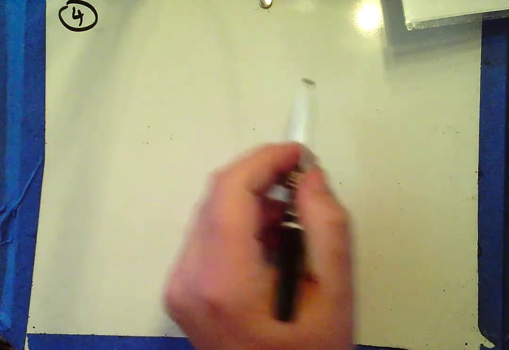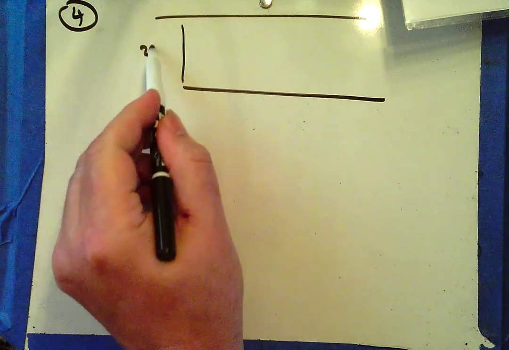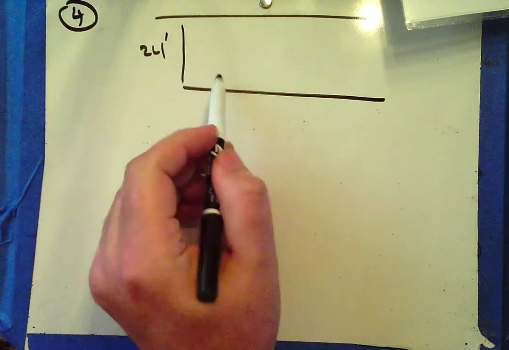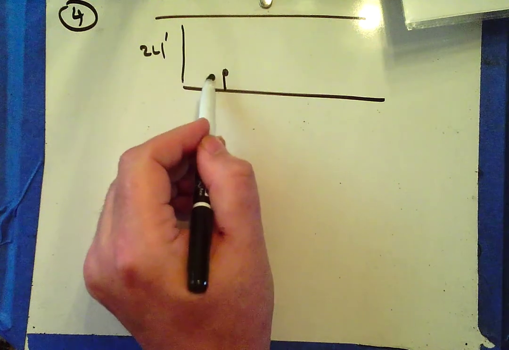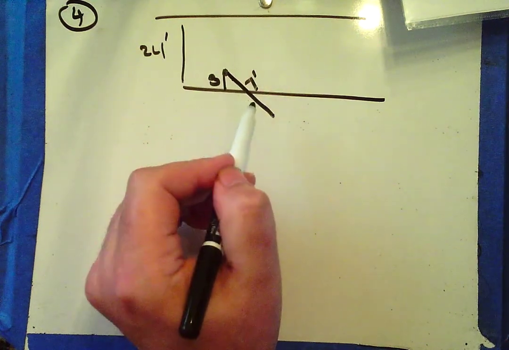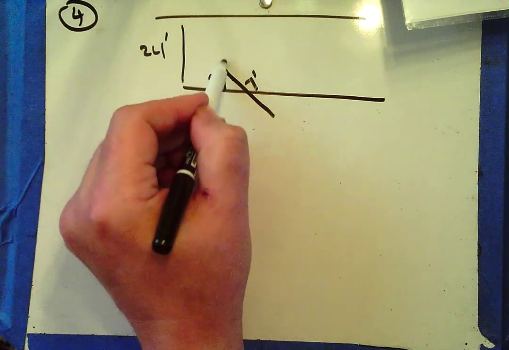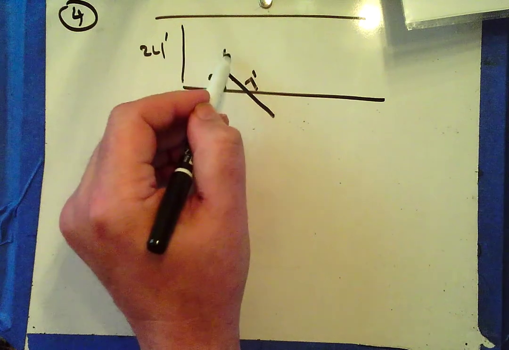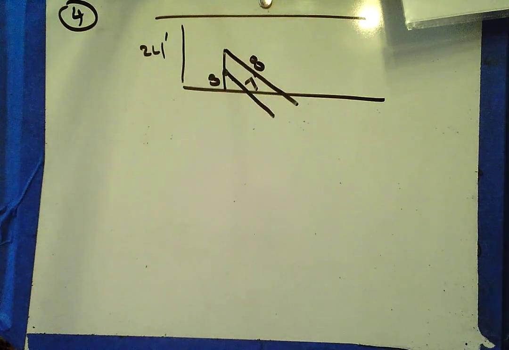So what we're saying is that this river is 24 feet wide. And if we go out to 8 feet, the depth of the river is 7 feet. And if we go out to 14 feet, the depth of the river is 8 feet. That's what they're telling me here, okay?